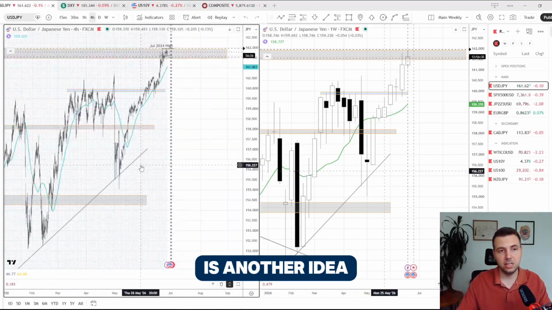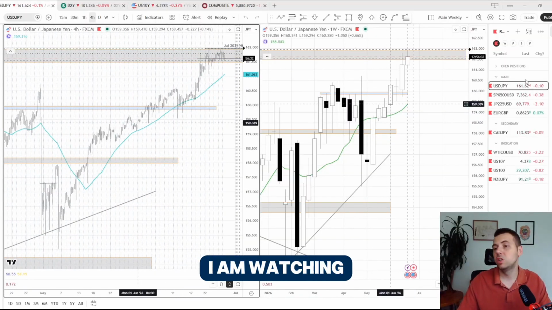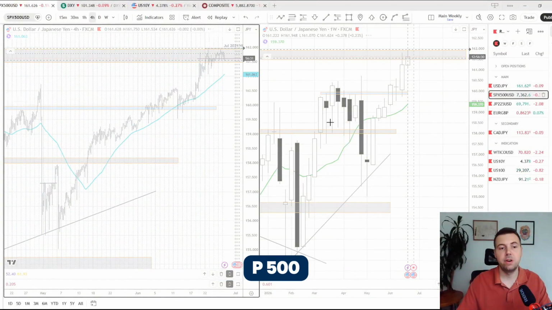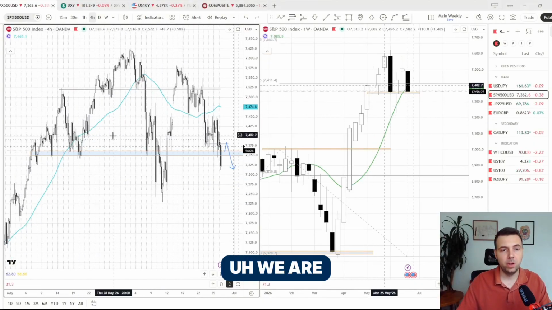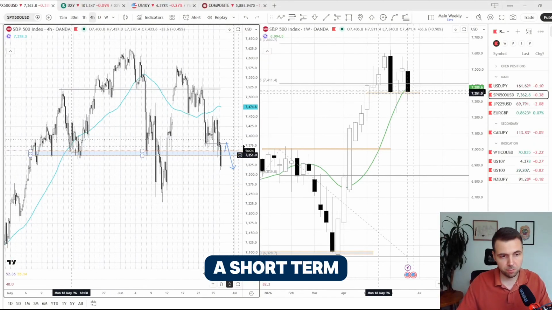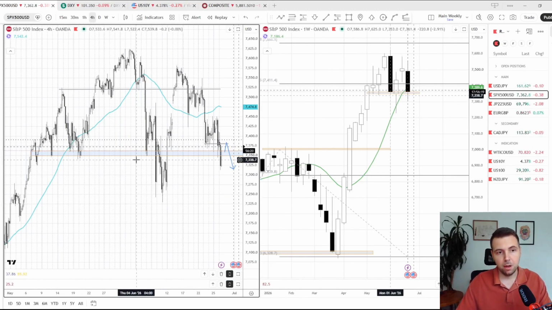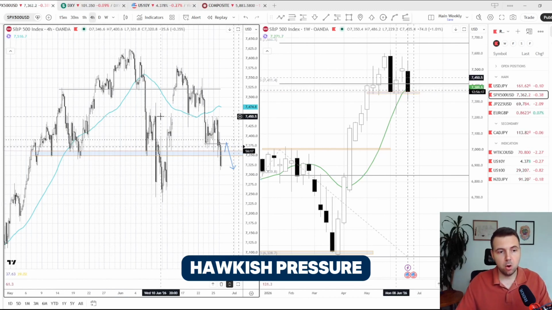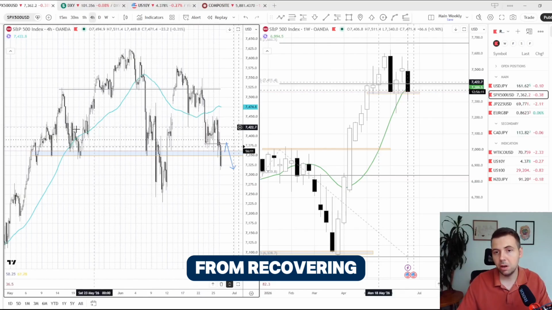There's another idea. Another asset I am watching is the S&P 500. Obviously, we are seeing some short-term range here, and hawkish pressure that's been holding this index from recovering higher.